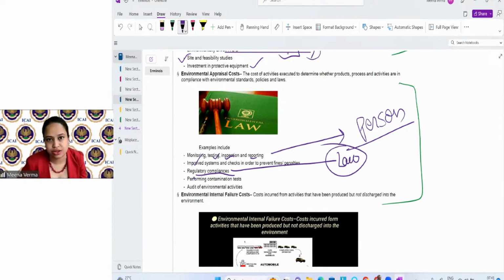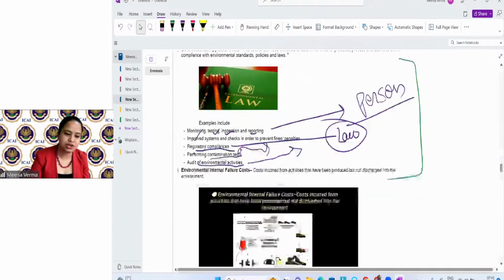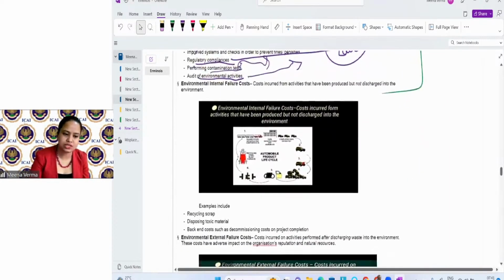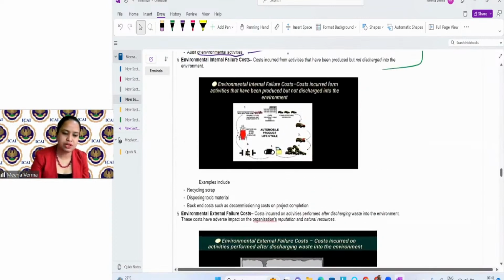Keep performing contamination testing. Then audit of environmental activities, keep auditing or checking the environmental activities. All of this will come under environmental appraisal cost.